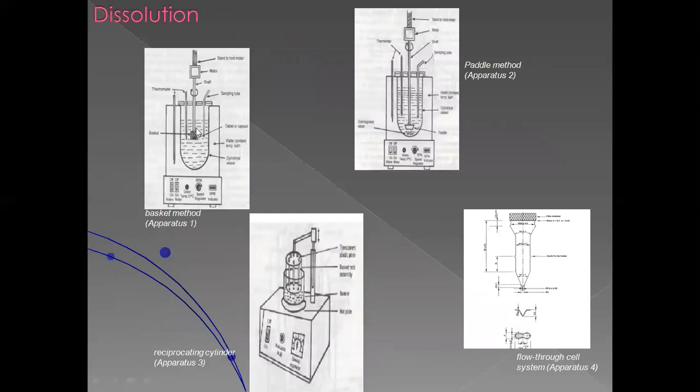This is the basket, USP apparatus 1. Here we see a shaft, and it is known as apparatus 2. Apparatus 3 is a reciprocating cylinder and apparatus 4 is the flow-through cell system. So these are the various dissolution parameters. Thank you for this.